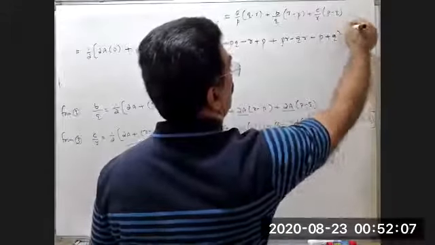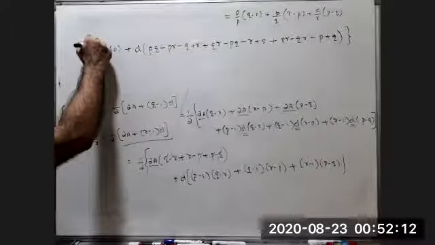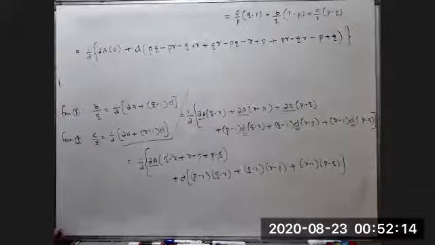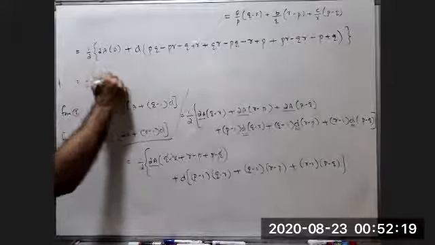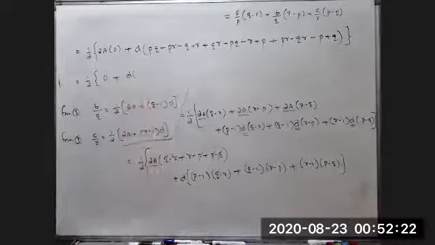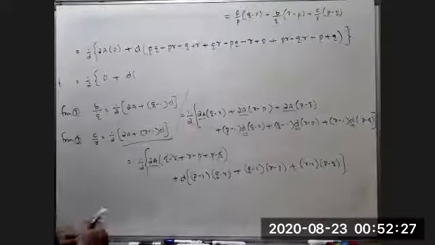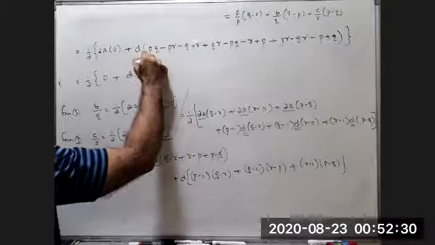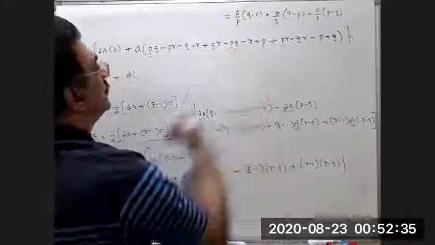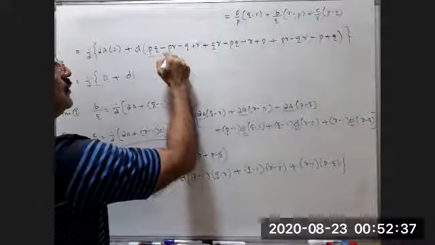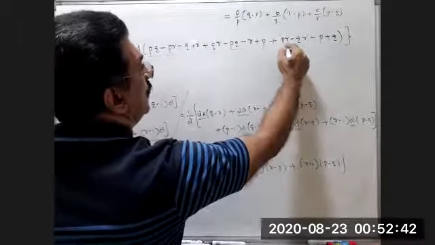We have a single bracket here. 1 by 2, 0 plus D. Series of steps. This minus PQ, PQ minus PQ cancels. Minus PR plus PR cancels.